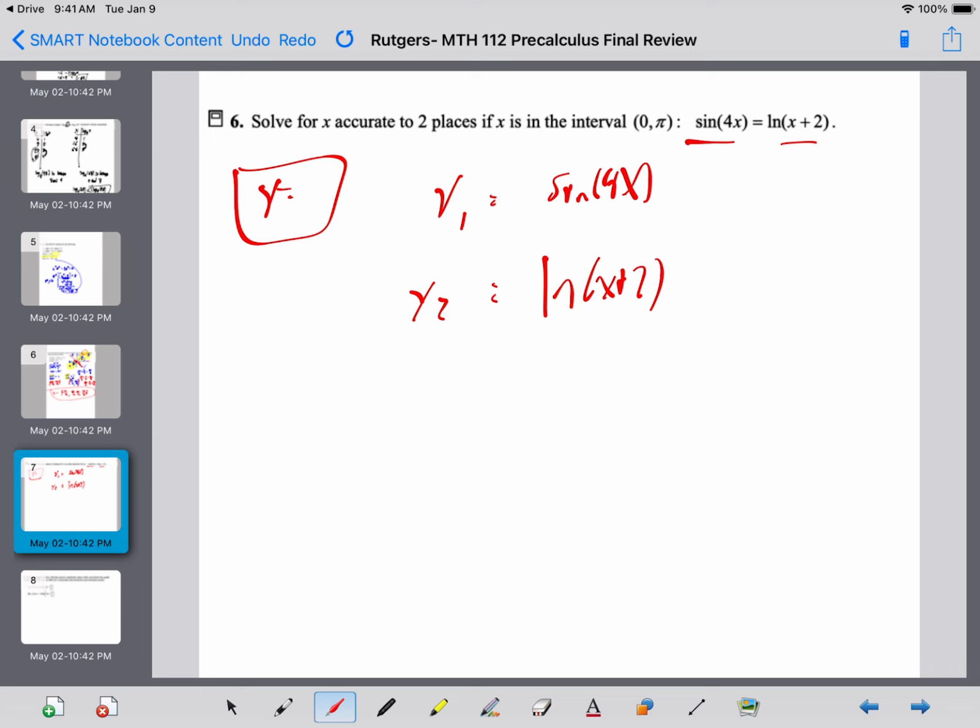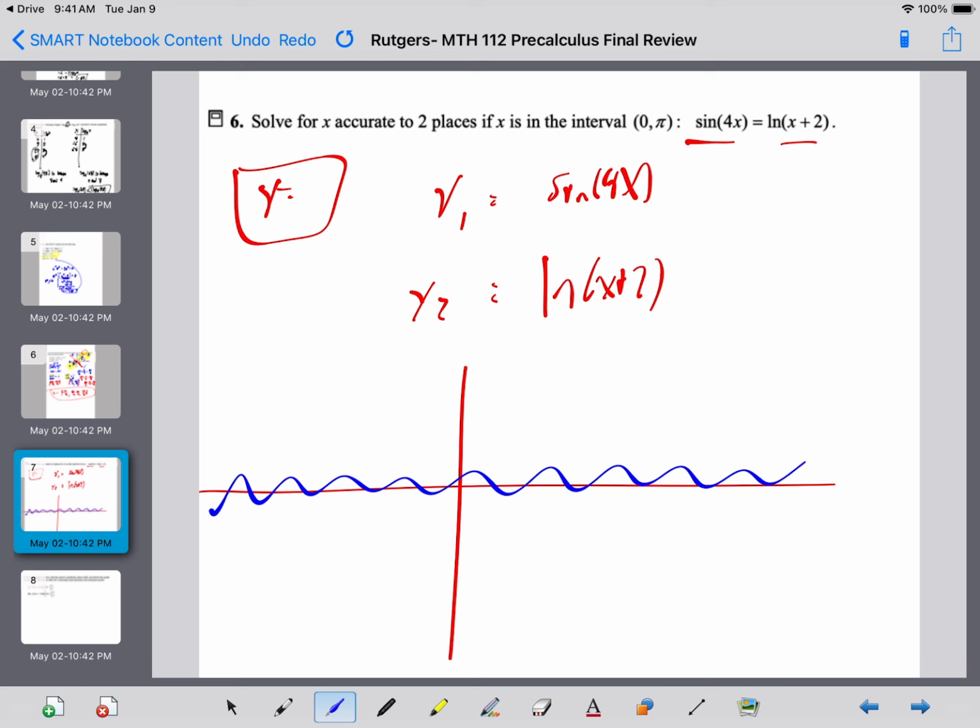So I see this sine function, and then I see a logarithm that goes like this. It might be tangent right here. So it looks like this. So I want to solve for x accurate to 2 places between 0 and pi.